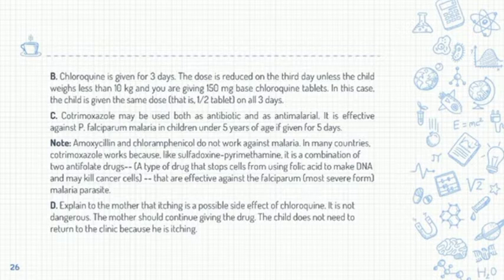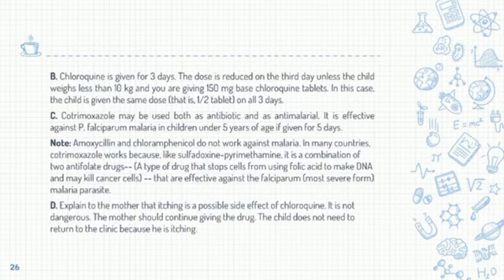So, in many countries, cotrimoxazole works because, like sulfadoxine pyrimethamine, it is a combination of two antifolate drugs, which is a type of drug that stops cells from using folic acid to make DNA and may also kill cancer cells. This drug is effective against the falciparum malaria parasite in its most severe form.